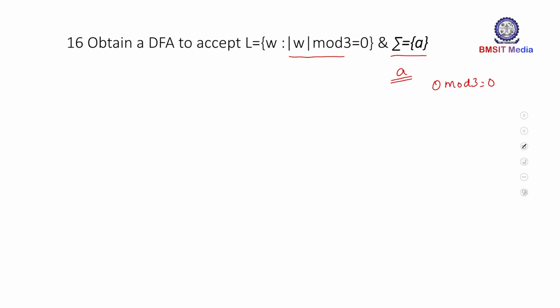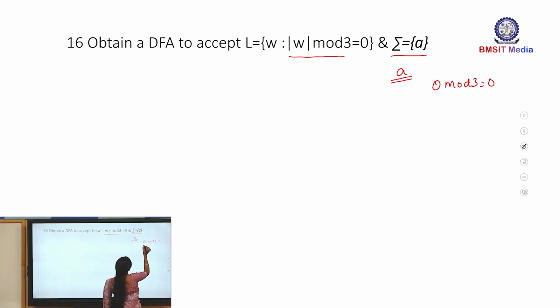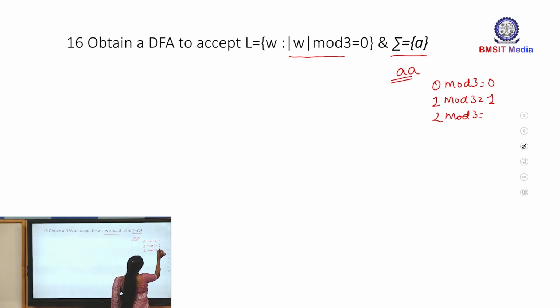If my string has a single A, the length of this is 1, so 1 mod 3 should give me 1. If I have 2 A's, it is 2 mod 3, it should be 2. If I have 3 A's, 3 mod 3 should be 0.